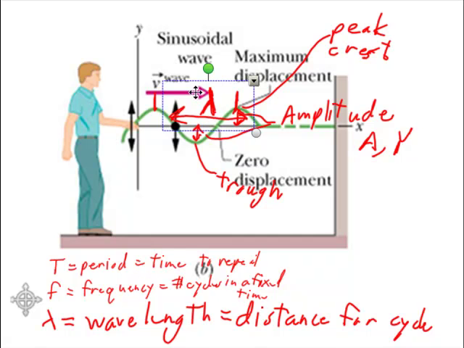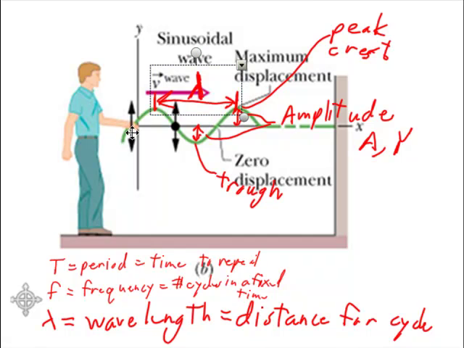The key is that you have to be the length for a complete cycle. And to be at a complete cycle, you have to come back to the same place in your waveform. So it can't just be at the middle, back to the middle. It has to be middle sloping up to middle sloping up.